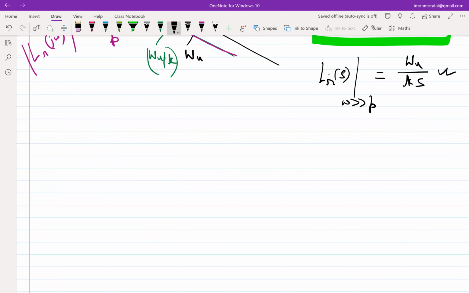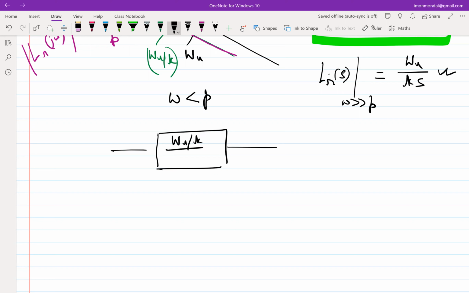So now at omega less than P, what will my integrator look like? Let me write out the full transfer function, then we can do the approximation.